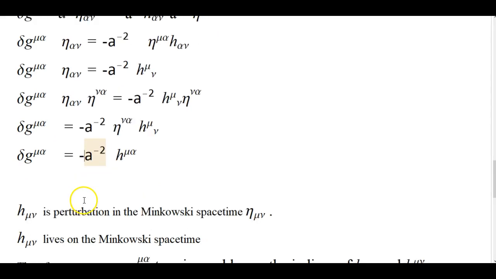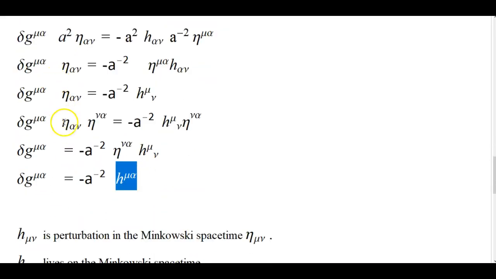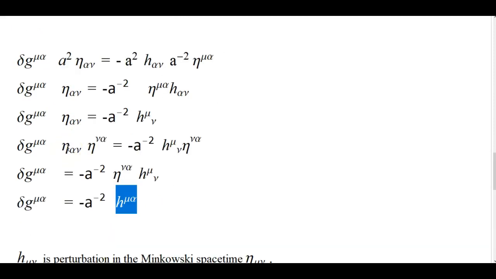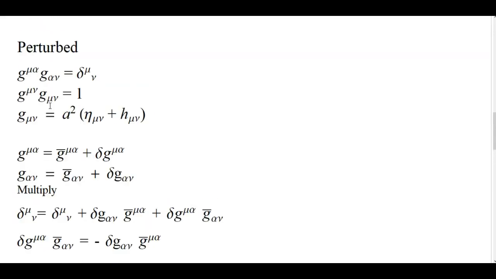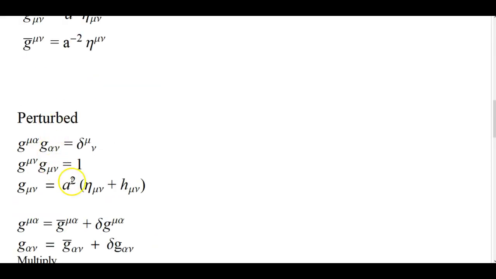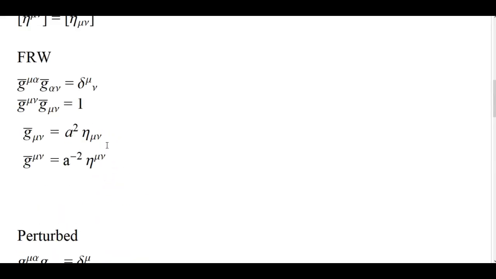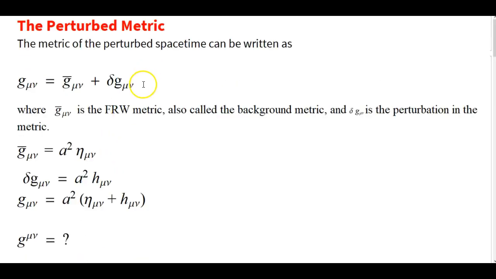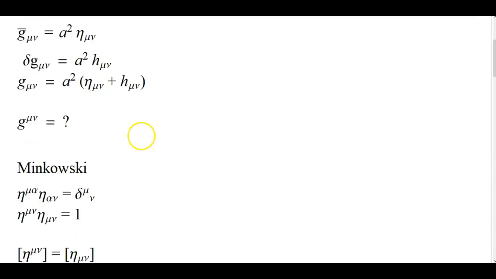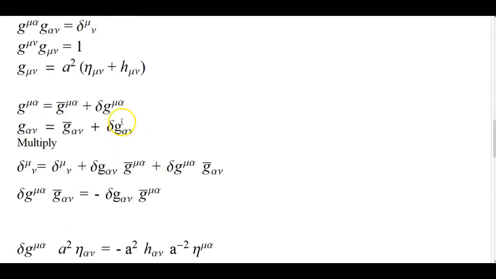Okay, so we have found that delta g mu alpha can be written like this. The inverse of this guy, g mu nu, this inverse of this is this.